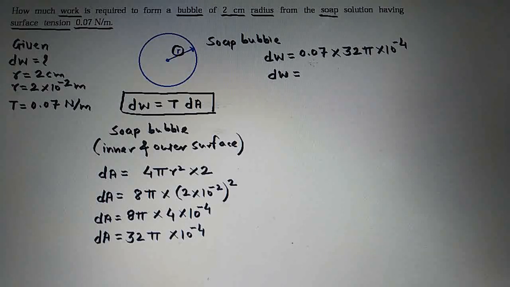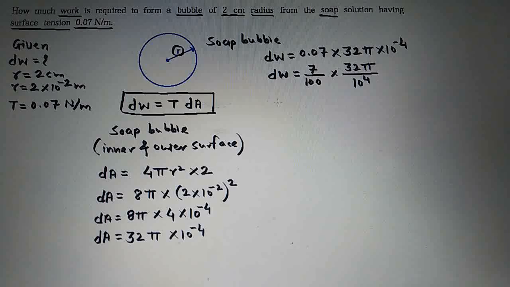Next we will write here dW is equal to, we can write this 0.07 as 7 divided by 100 into 32 pi divided by this 10 raised to minus 4 is in numerator. So if we write this in denominator, then it will be 10 raised to plus 4 here.